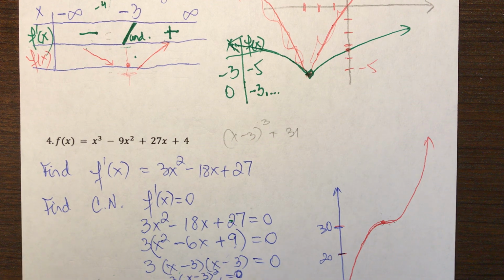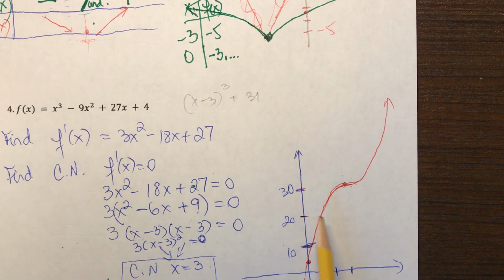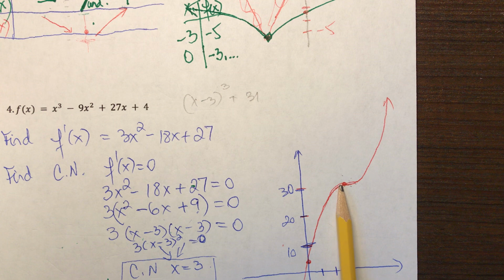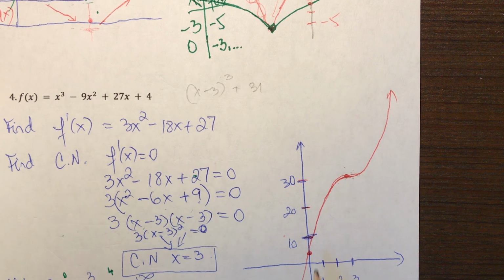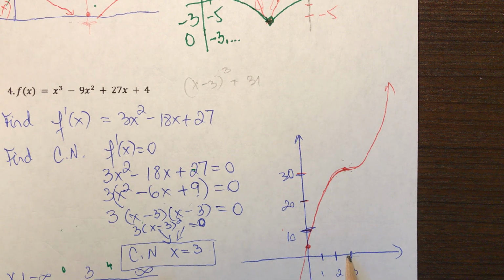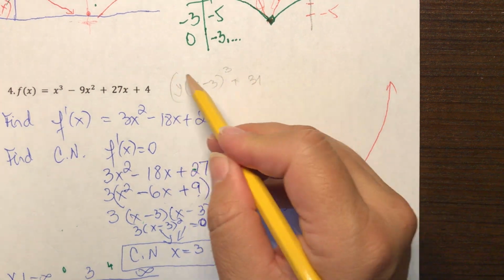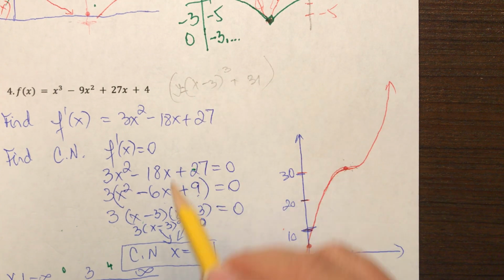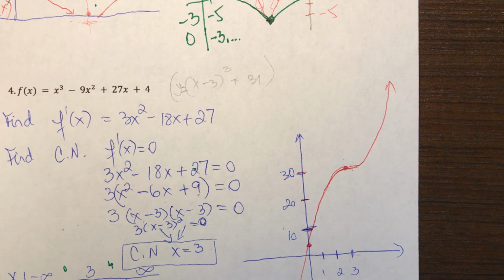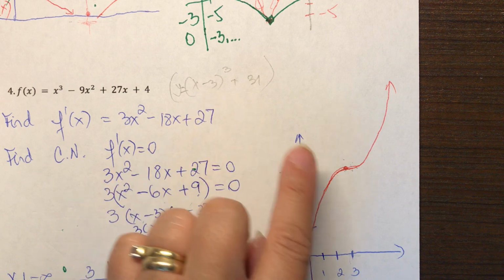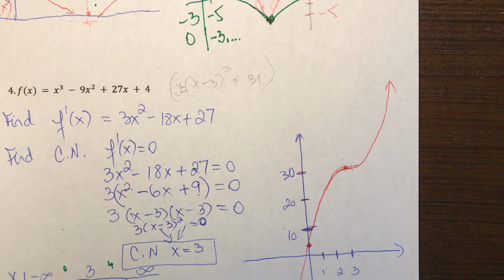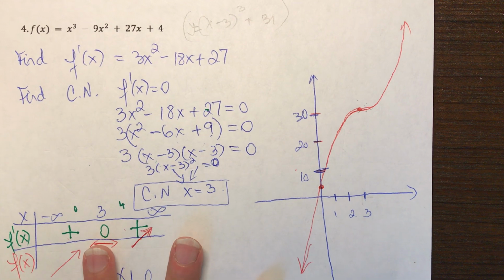So thinking about transformations of the cubic function, you move it 3 units to the right, yes, and 31 units up. So it goes from the origin 3 to the right and 31 units up. So you just simply move that point in the middle. There you go. Okay. And I only knew to guess this simply from the graph of the function. I could read it.